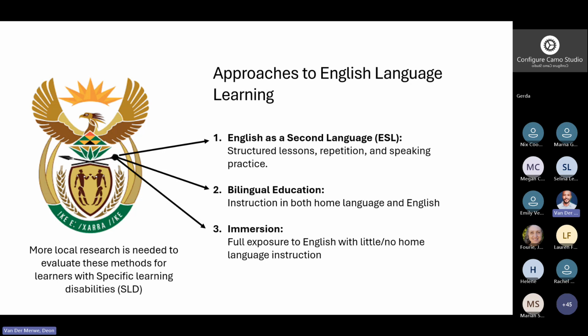And then we also have the bilingual education, and that is for learners that are taught in both their home language as well as in English. And the goal is to basically just support learning by building on what they already know in their language.